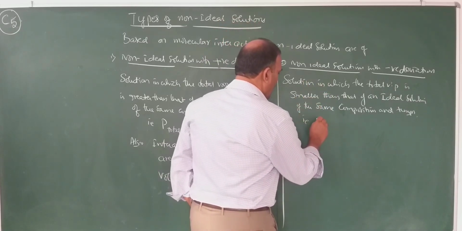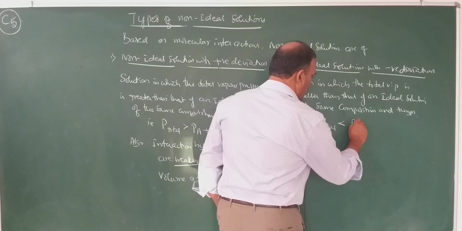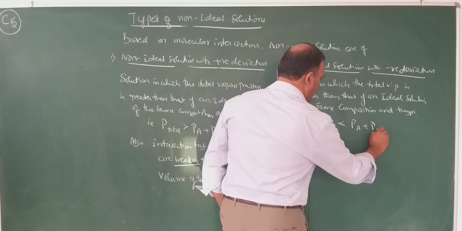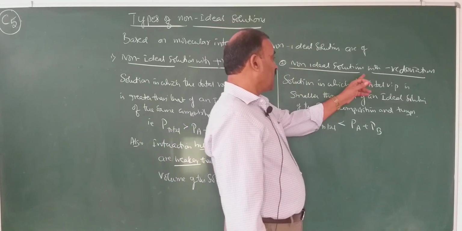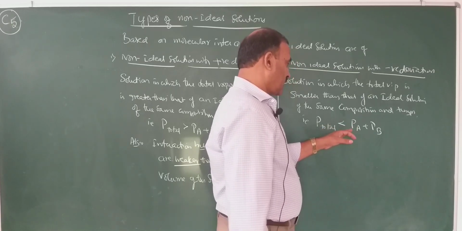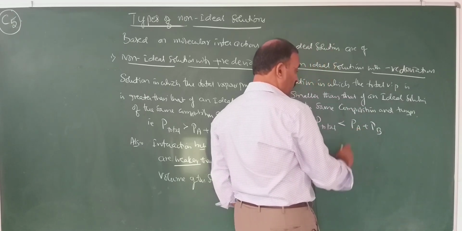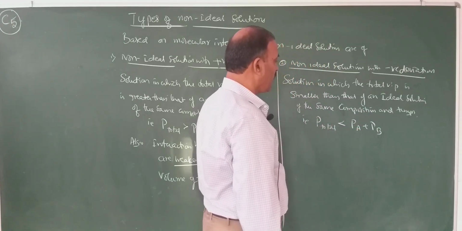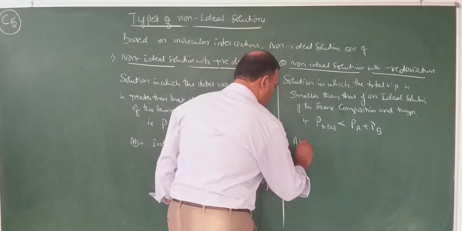That is, P total is less than Pa plus Pb. That means the total vapor pressure in these solutions is less than the partial vapor pressure of liquid A plus the partial vapor pressure of liquid B. And also, what happens here?